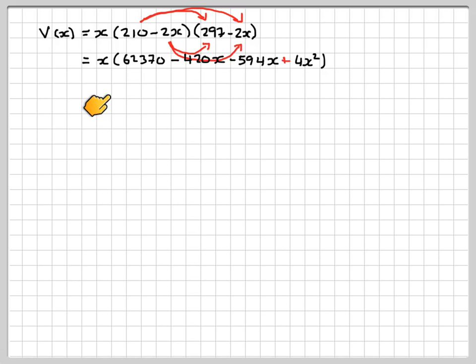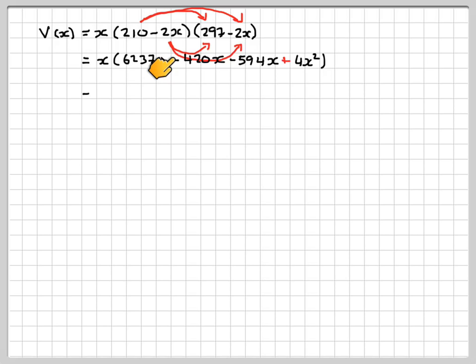So if we do that, we're going to get 210 times 297, which is 62,370. 210 times minus 2x, which is minus 420x, and then we do minus 2x times 297, which is minus 594x.